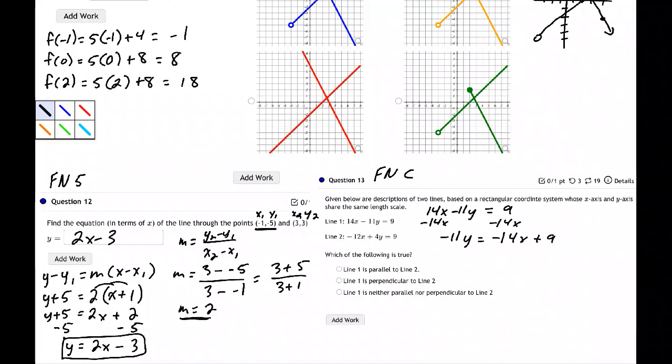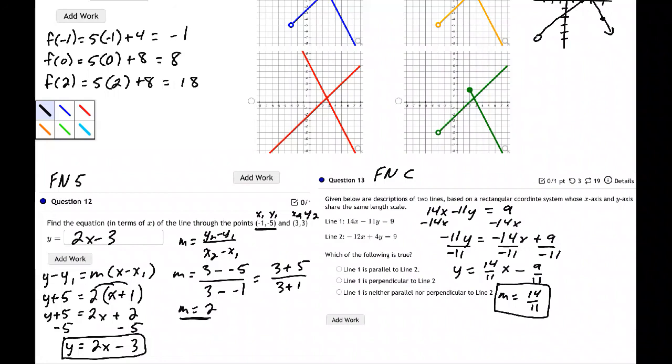And then dividing by negative 11 on both sides, so every term divides by negative 11. That becomes y equals a positive 14 over 11x minus 9 divided by 11. Now the important thing here is the slope. The slope is 14 over 11. So hold on to that for the first line.